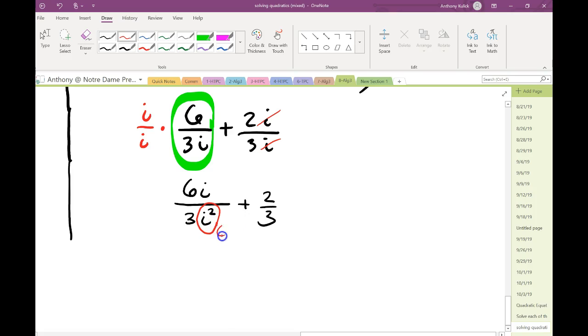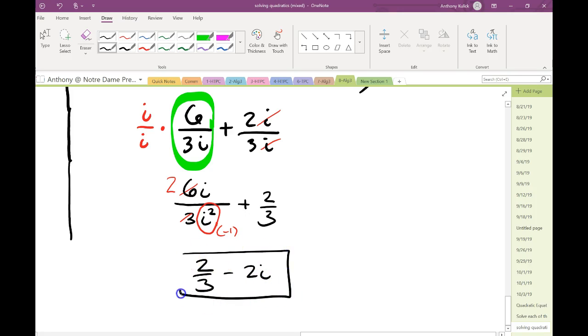So I can just replace that with -1. And then similarly, the 3 and the 6 can reduce. And we're left with, I'm going to write this in the opposite order, I'm going to write the 2/3 first, and then minus 2i.